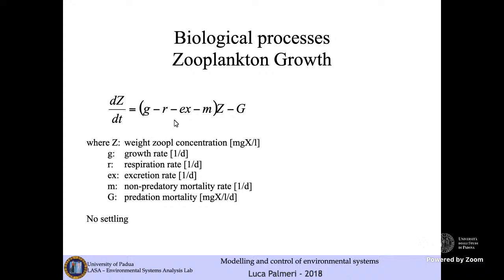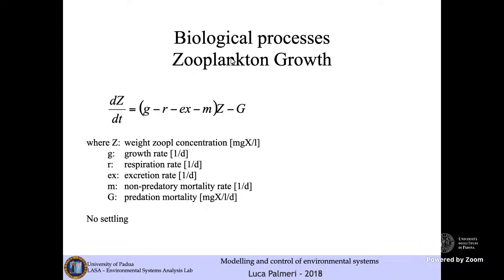Okay, please note that in this case, we do not include a settling process, because settling is less relevant, since we are dealing with animals and not algae, not plants. And animals have the very nuisance property of doing what they want to do. So they possess free will.